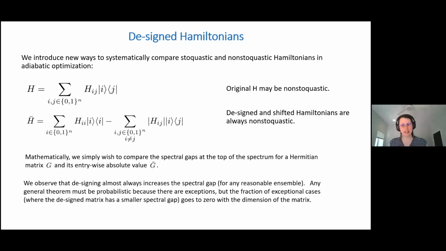So this idea that going from H to H bar increases the spectral gap appears to be one of these almost always true statements. I'll prove some results, but you can tell by the way I'm phrasing it that a lot of what we would like to prove are still open questions that I want to potentially pose to you all. I'm happy to talk more about these.